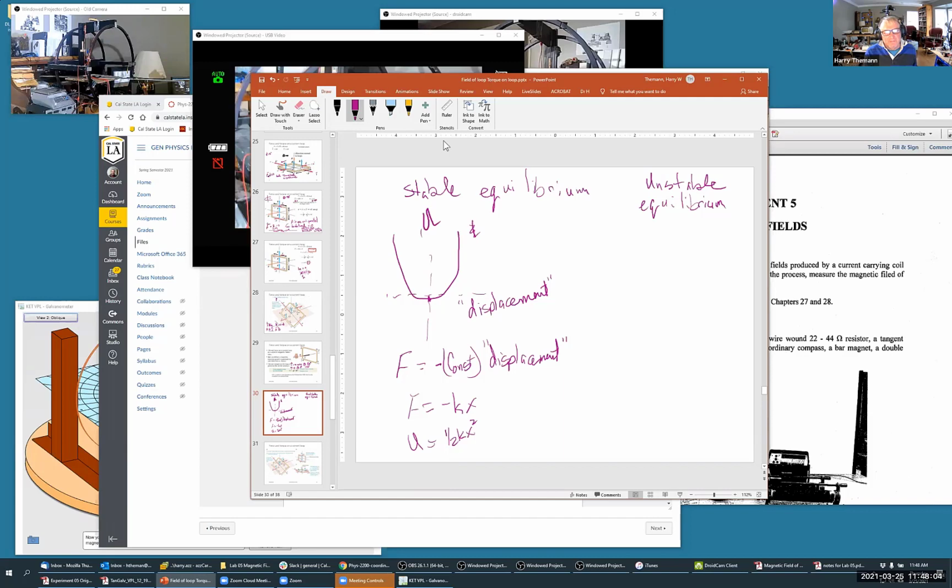So we have this torque, which is a rotation, but it goes as mu times B times the sine of phi.